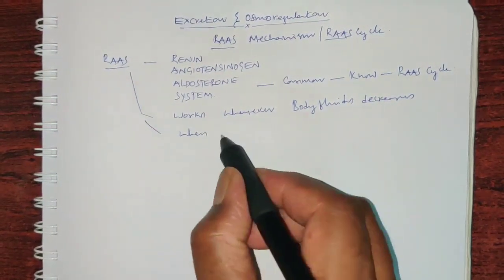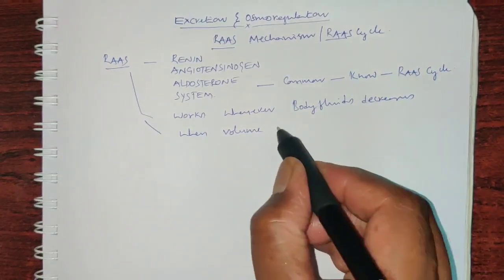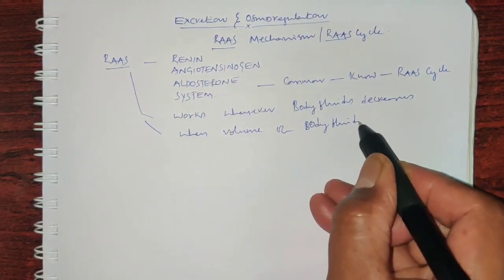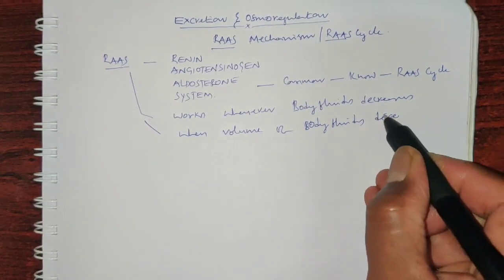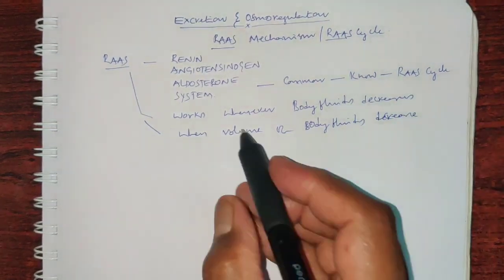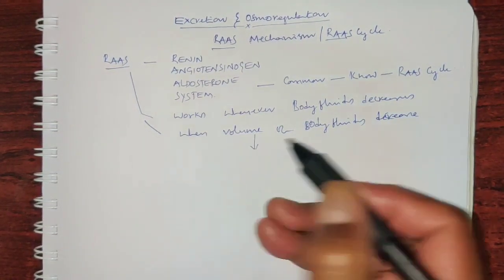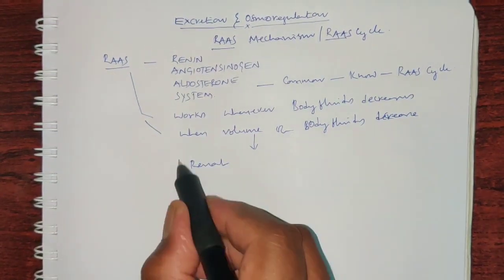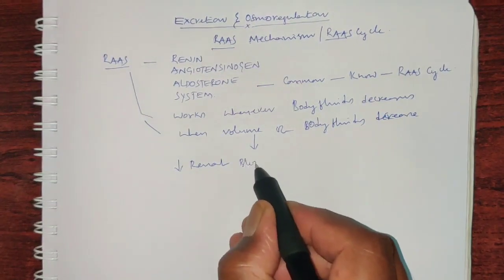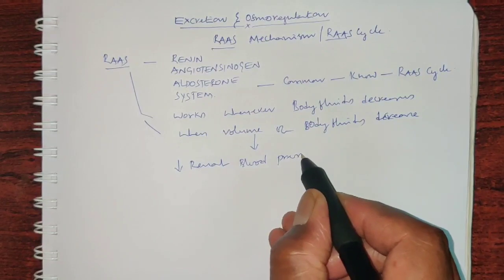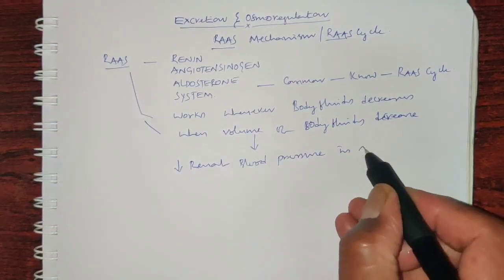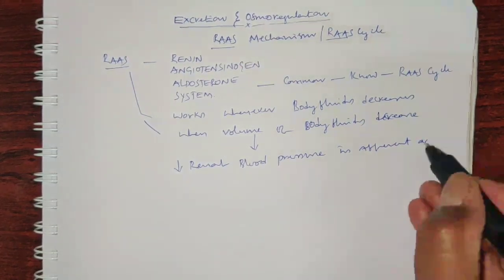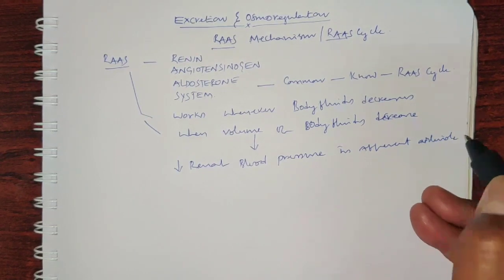When the volume of body fluids decreases, it results in a decrease in renal blood pressure in the afferent arteriole.